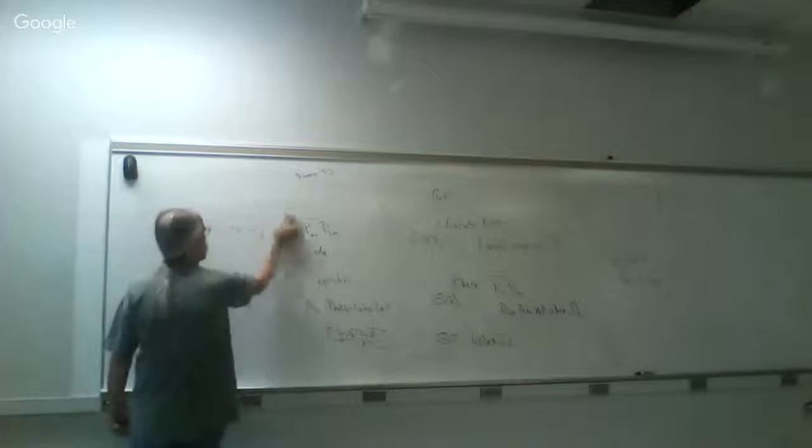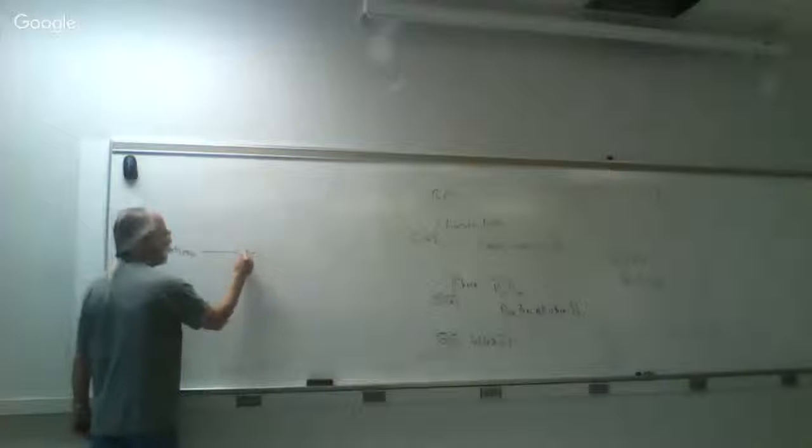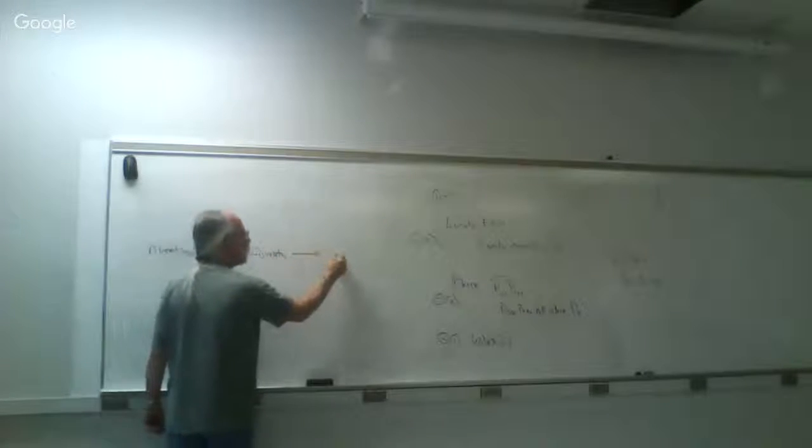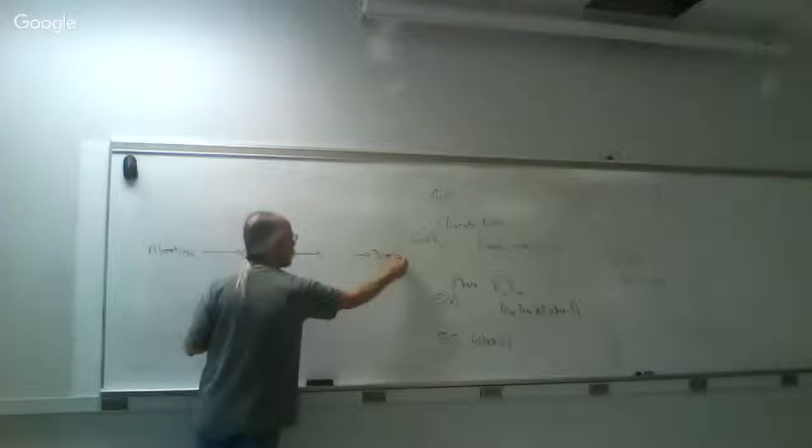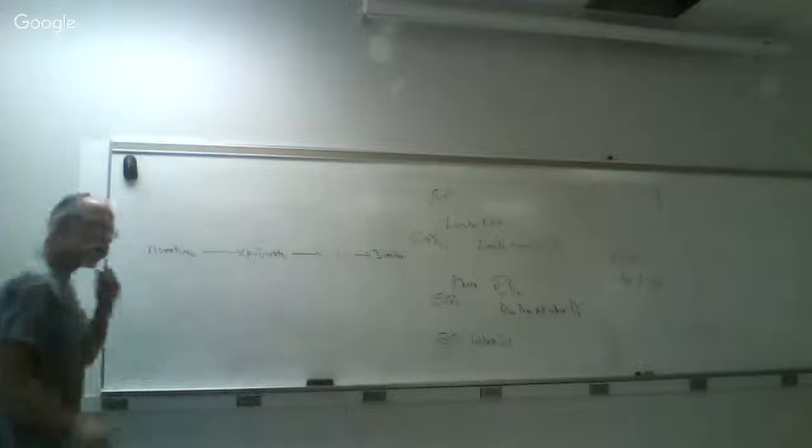And then we repeat on what's left. So we go from n vertices down to n minus 1 vertices, and we keep doing that until we get down to 3 vertices, the stopping point, because then we've got a triangle.